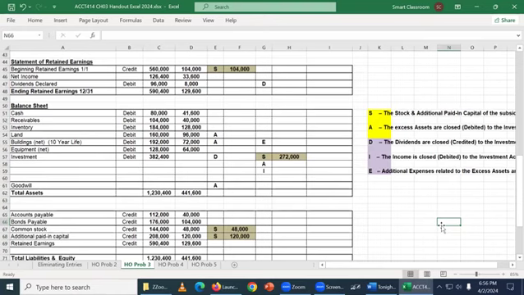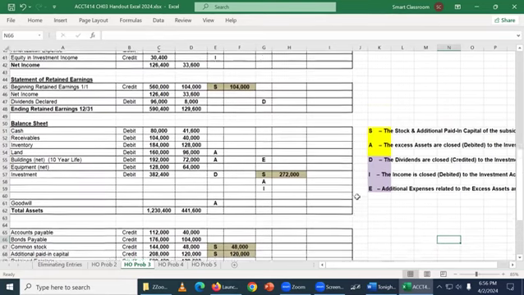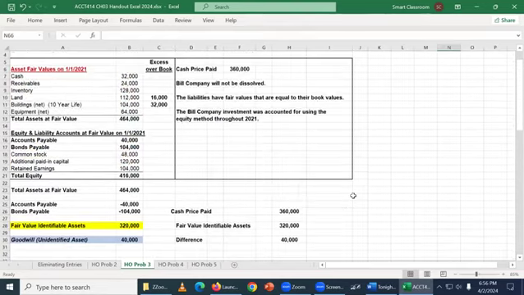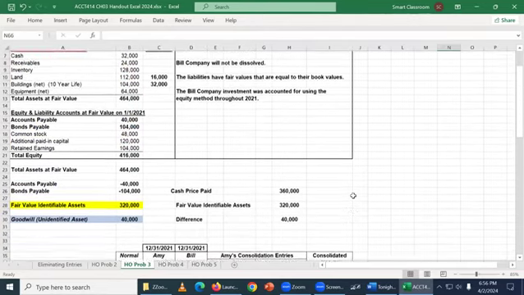Yeah, I think you should have got 272 for the stock. Assets: 16,000 for land, 32,000 for building.